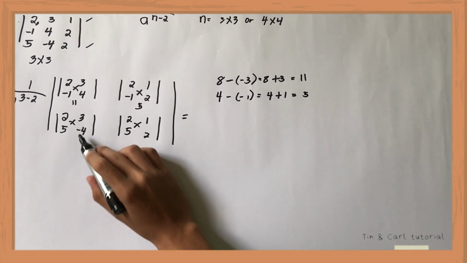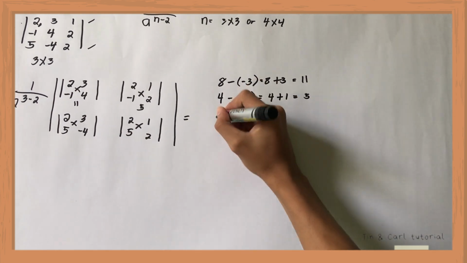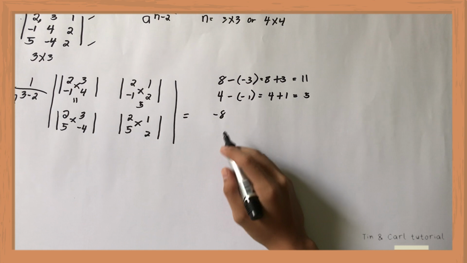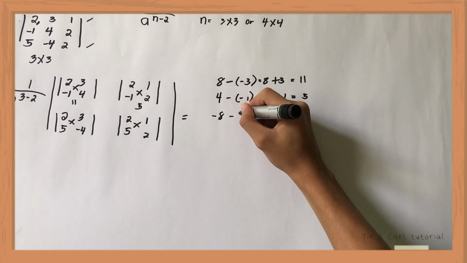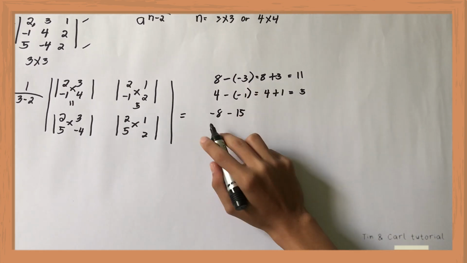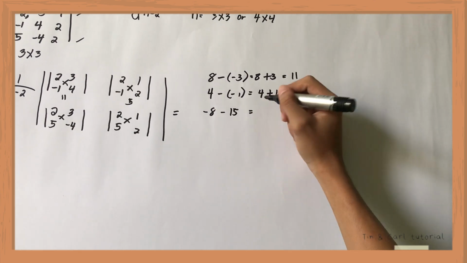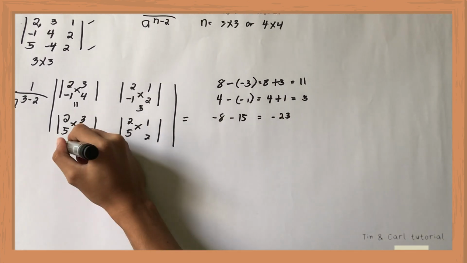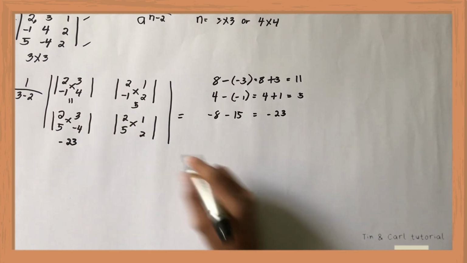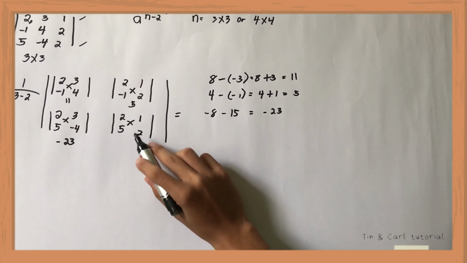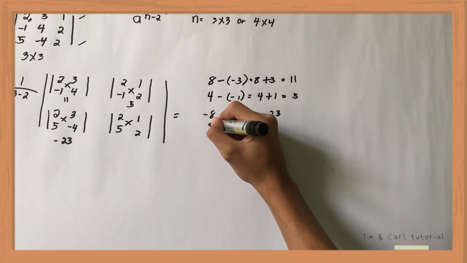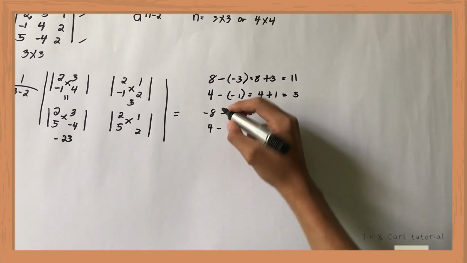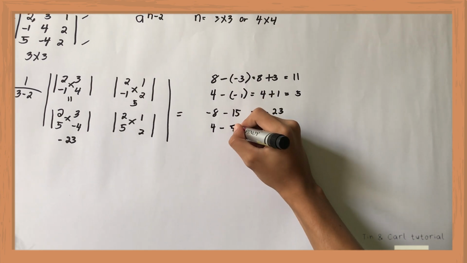Dito naman sa baba, negative 4 multiplied by 2 is negative 8. 5 multiplied by 3 is 15. So, ito, pag-add lang yan, magiging negative 23. So, ang value natin dito is negative 23. Dito naman, 2 multiplied by 2 is 4. Minus 5 multiplied by 1 is 5.